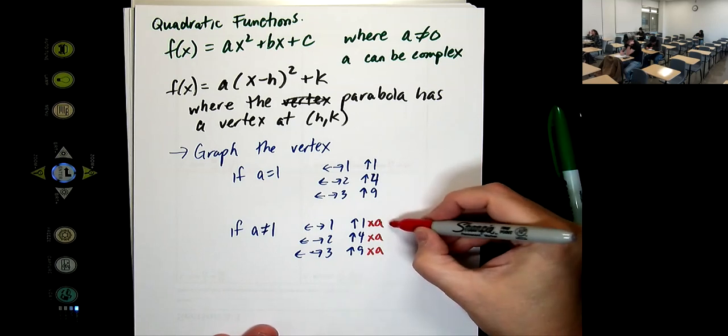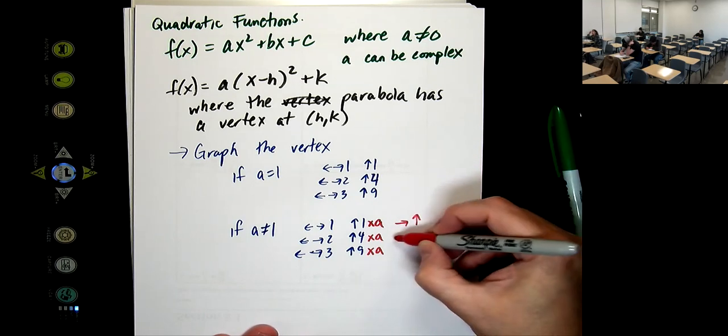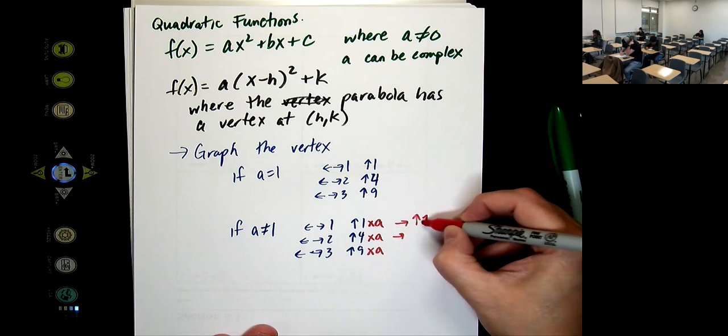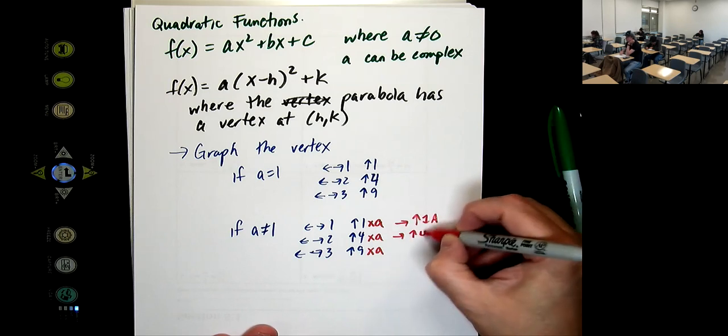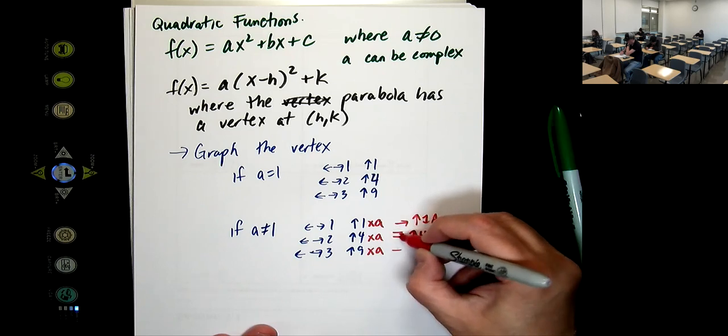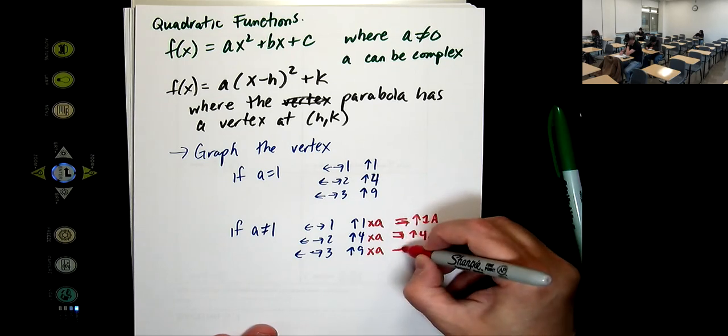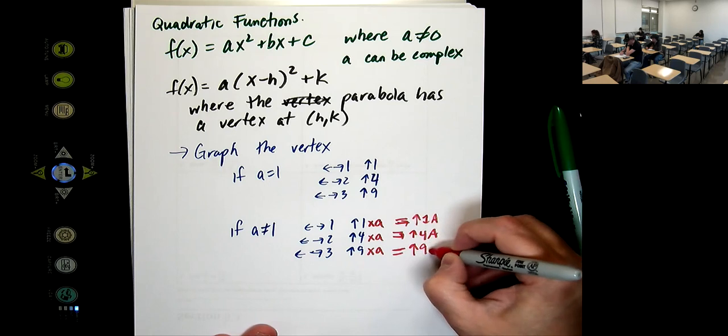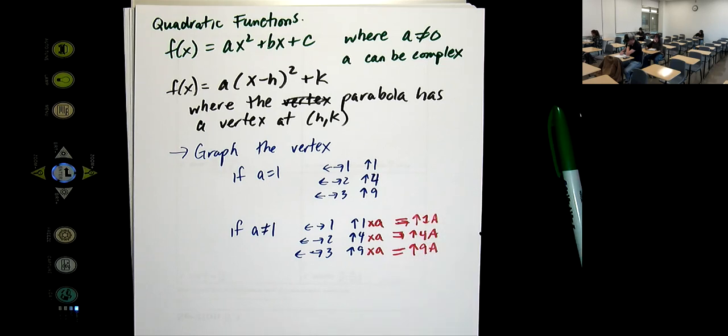So we'll go up a, up 4a, and up 9a. We'll look at these examples.